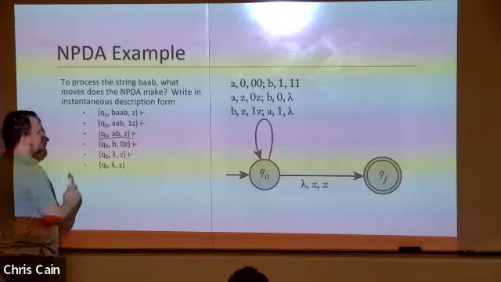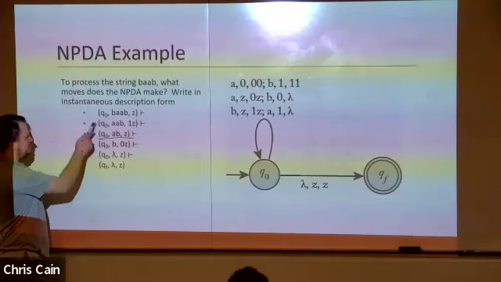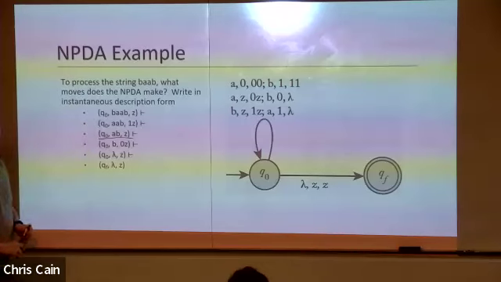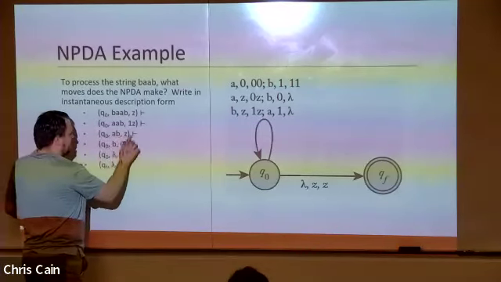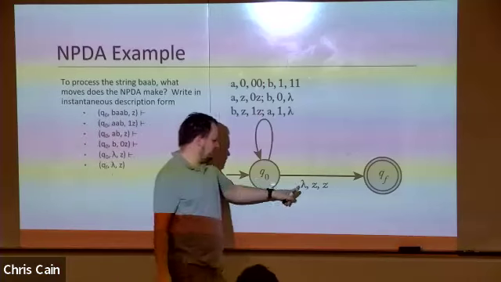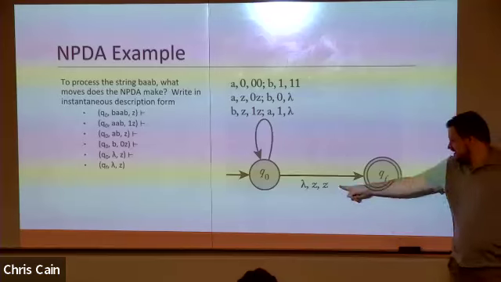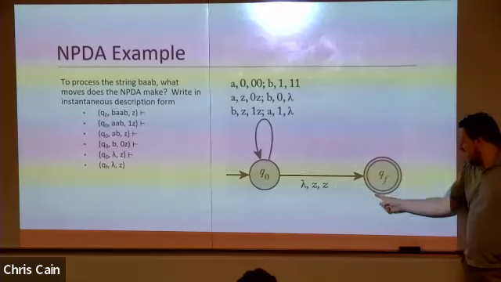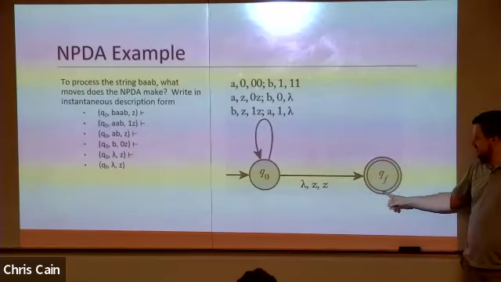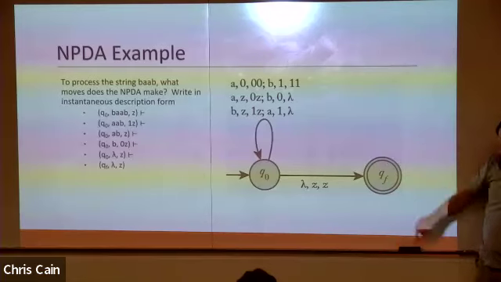So we should have considered that here, and also here. Whenever we have the bottom of stack character, we can teleport. As long as the bottom of stack character is there, we do nothing to the stack, but then we have to be at the end of the string because there's no defined out edge for the string.